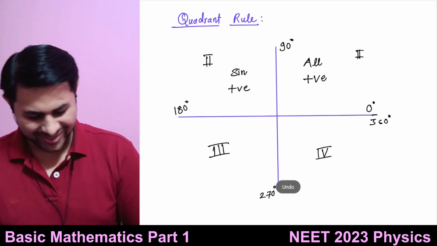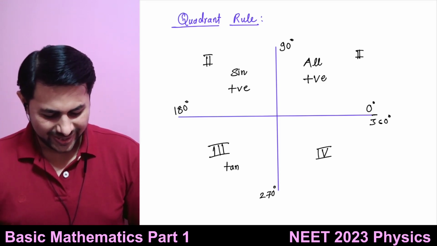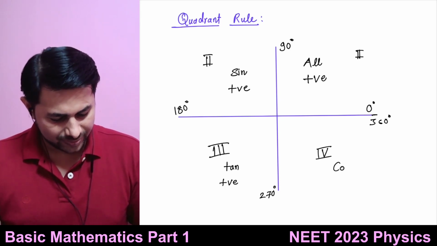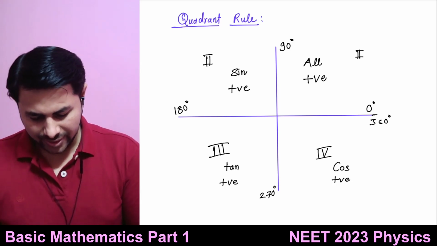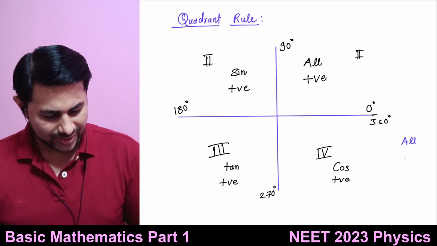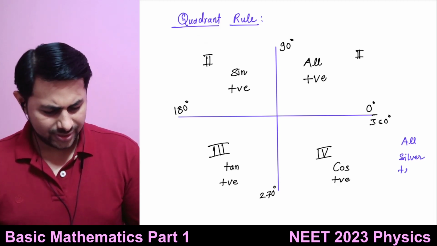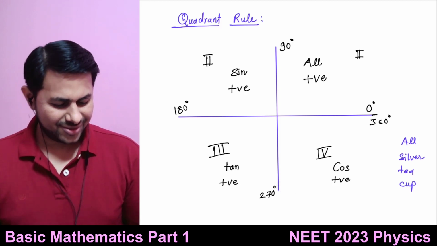I didn't know about this trick. Tan here is positive and here cos is positive. Okay, your trick is all silver teacups. Great.